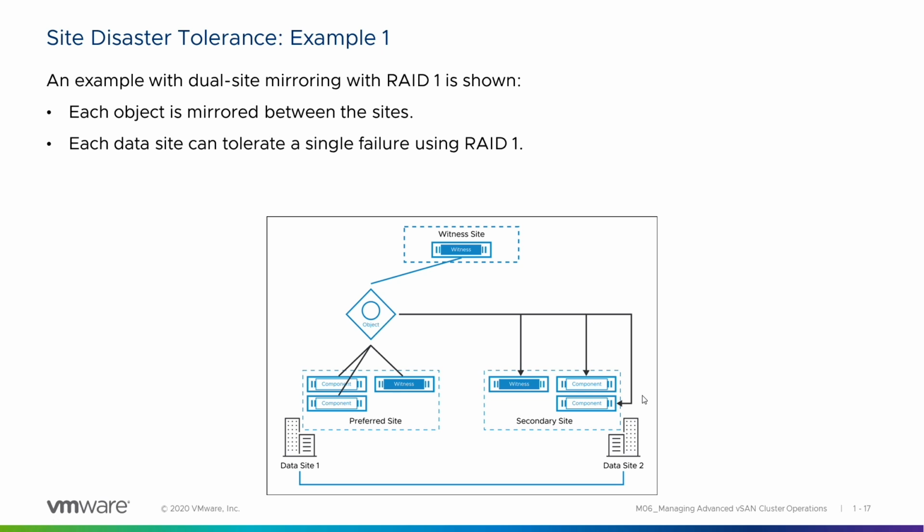When you take a look, this, again, is the one that requires 7 servers. As you can see here, you have 2 replica components in each site. You need a witness for basically each set of mirrors. And then again, you have that third witness. And again, the third witness is going to be always on your witness site.